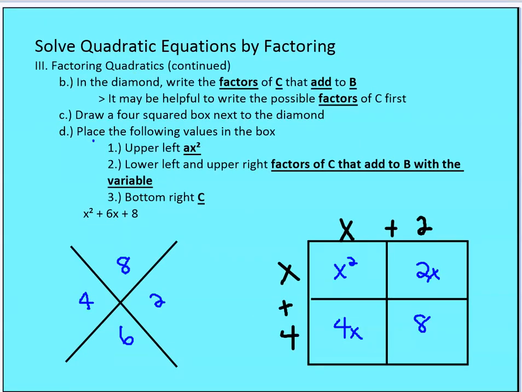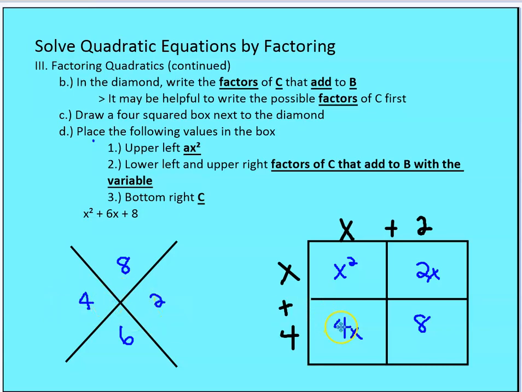All right, so next thing I'm going to do is create my box. There's a lot of detail here which you can read, but I'm going to go through this. In the upper left, I'm going to put the first term, and in the lower right, I'm going to put the last term. So upper left is ax squared, and the bottom right is c. And then in the lower left and upper right, I'm going to put the two values from the left and right of my diamond.